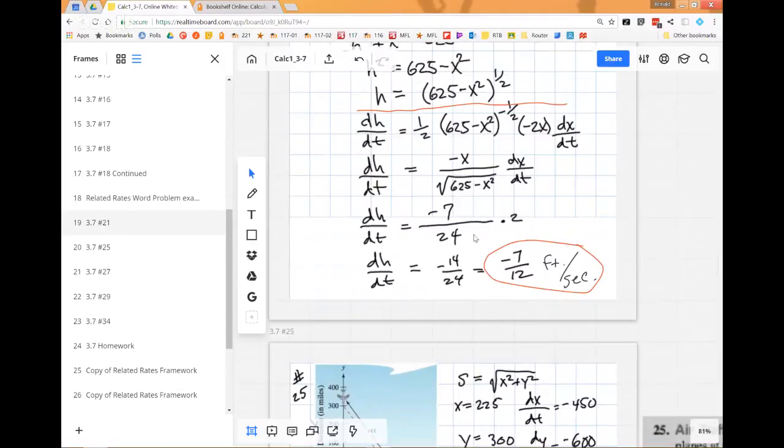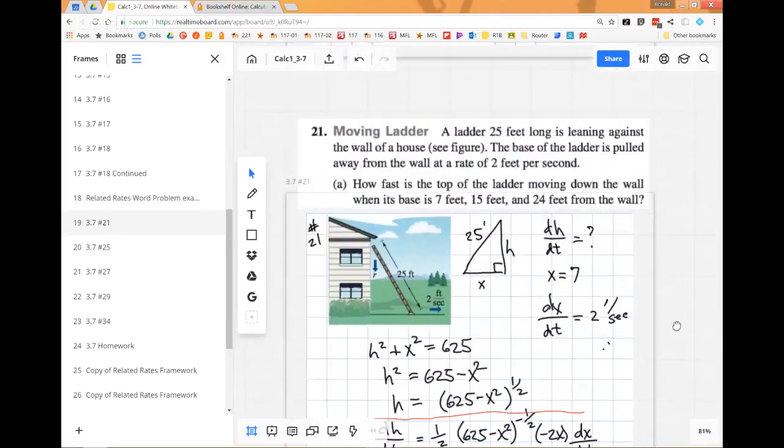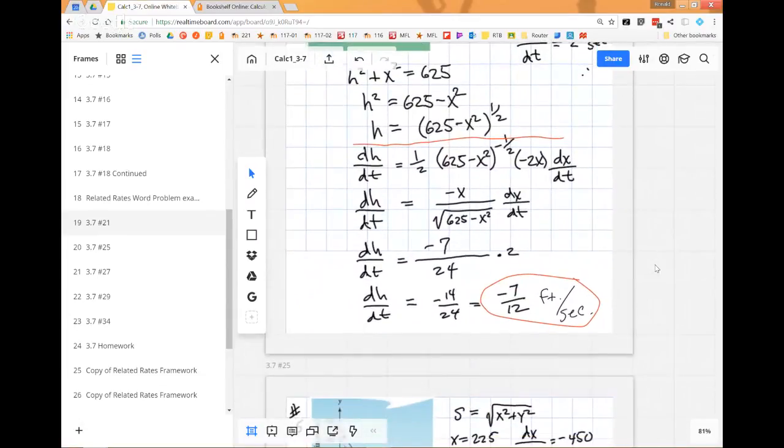And then just a matter of simplifying. 2 cancels into 24 12 times, and you get negative 7/12. For the units, you just look at the beginning: we have feet and we have per second. So that's the rate at which the ladder is actually falling down against the edge of the house.